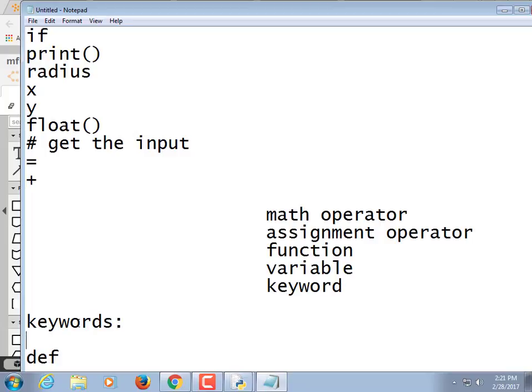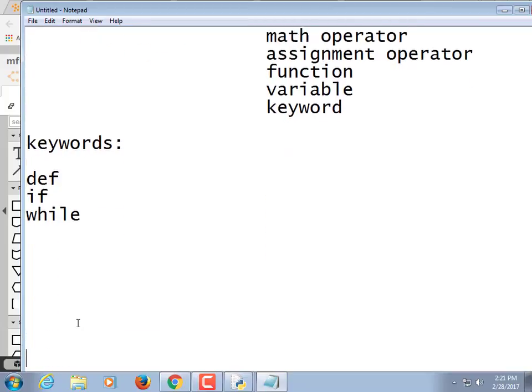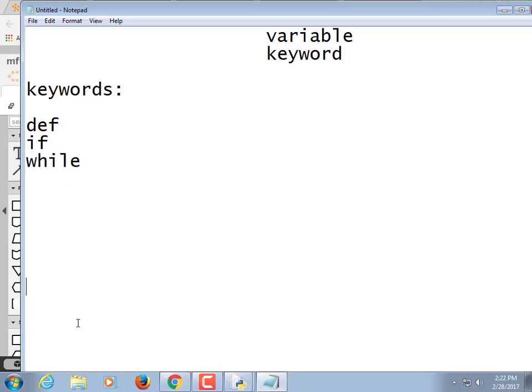Alrighty, what's the difference between an operator and an operand? If you have A plus B minus C, which of these are operators, and which of these are operands?